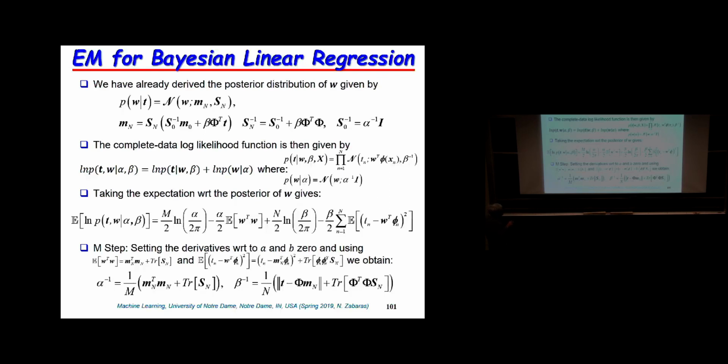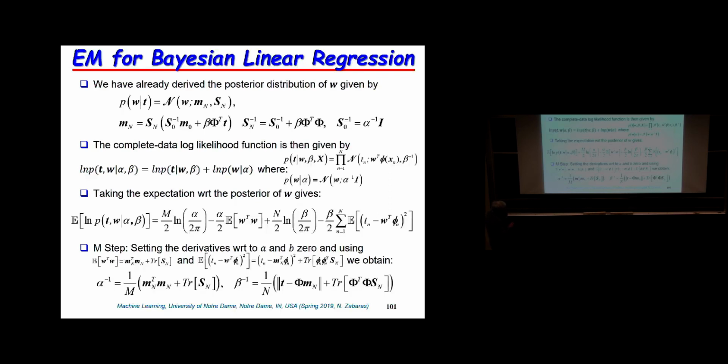So if this is a Gaussian, I am sure you can compute the expectation of w transpose w. I give you the formulas here. This is the expectation of w transpose w using the results for the posterior, and this is the expectation of Tn minus w transpose phi n.